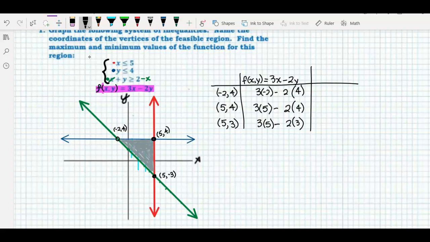And then I'll just compute. 3 times negative 2 is negative 6, minus 8 is negative 14. 15 minus 8 is 7. 15 minus 6 is 9. So for this function, the maximum value is going to be 9, and the minimum value is going to be negative 14.